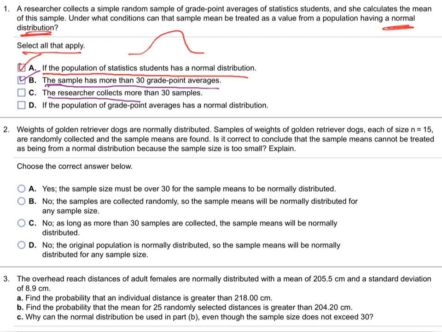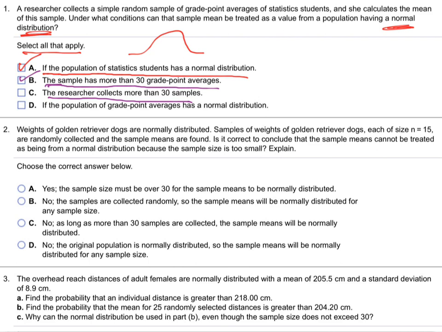C, the researcher collects more than 30 samples. Oh, I'm getting confused. The sample has more than 30 grade point averages. The researcher collects more than 30 samples. No, it's B and not C. Yeah, you understand the difference.